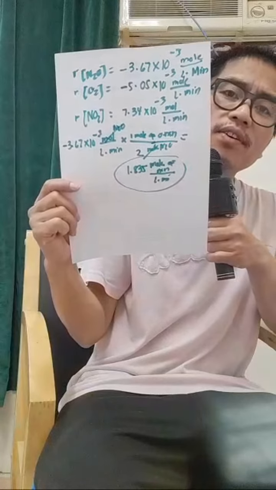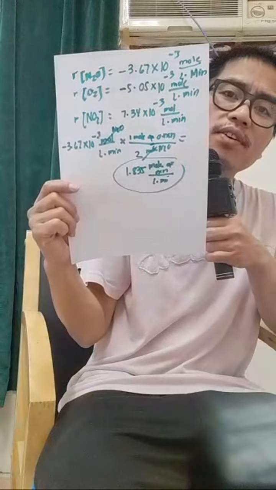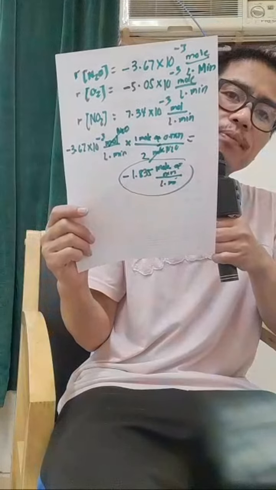I'm asking you for computing for that. What is the overall reaction rate? Think. Is this enough? This is negative, because this is really a disappearance. So you should be extra careful with the signs also. 1.835, the chemical reaction.